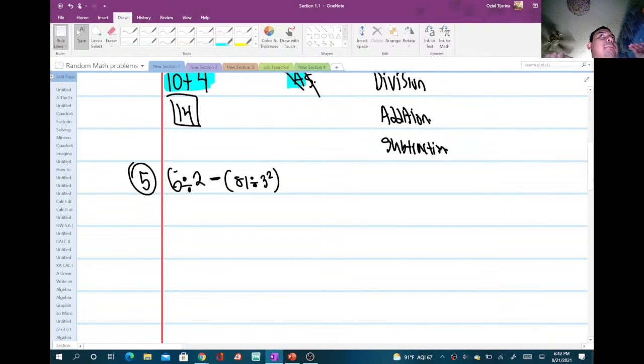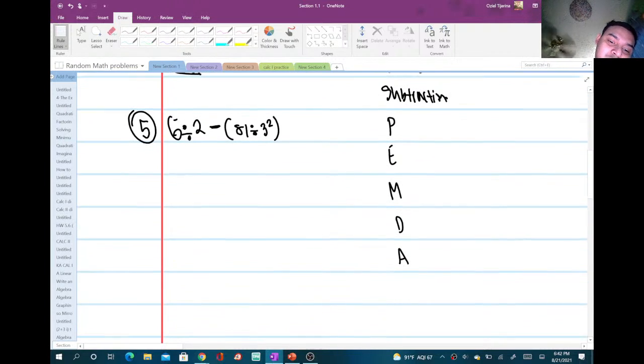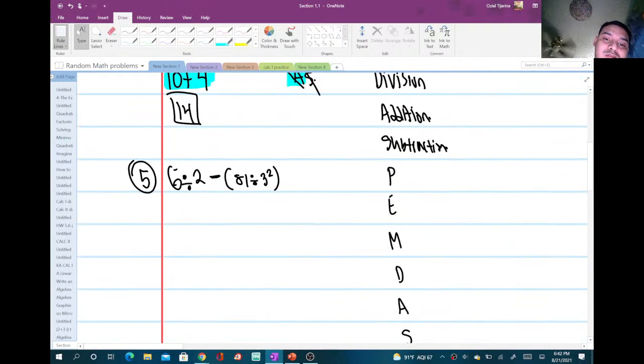You always want to go from left to right. So we have 6 divided by 2 minus 81 divided by 3 squared. So we're going to rewrite PEMDAS.